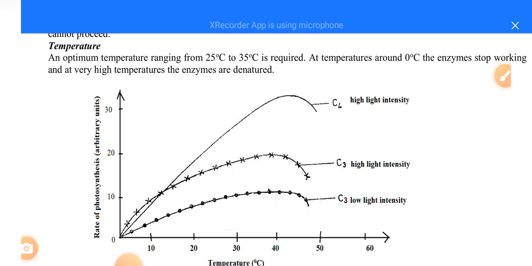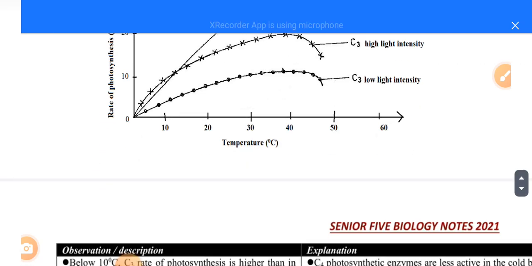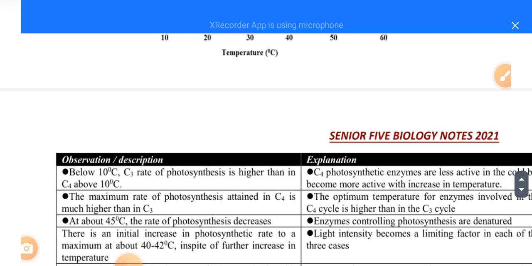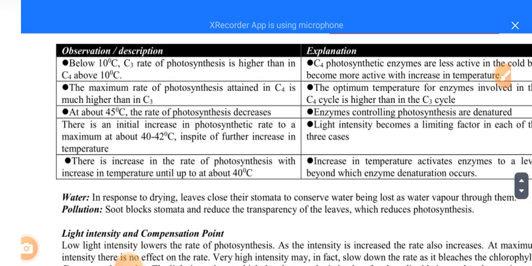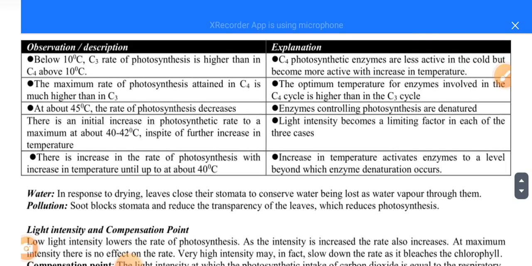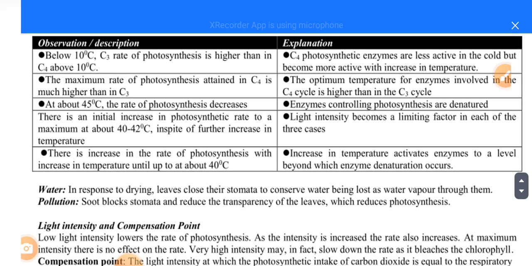Then beyond that, the increase in temperature results in these enzymes being denatured. So that has been our lesson for now. The observations and the explanations are very clear there.